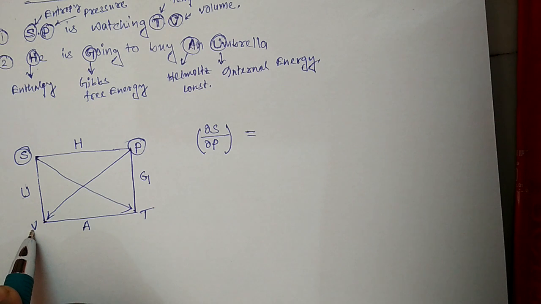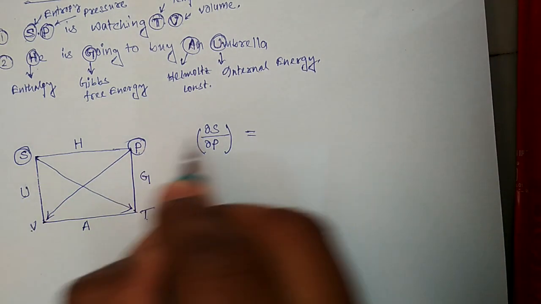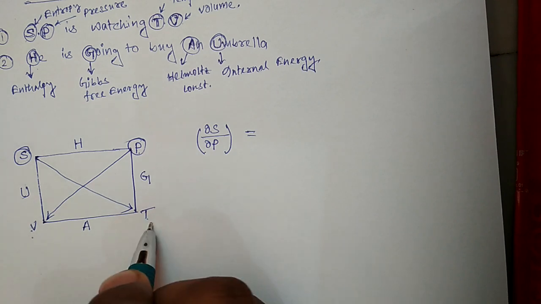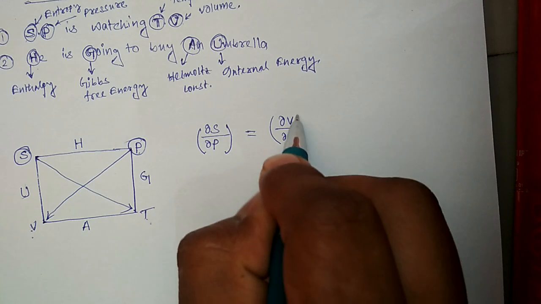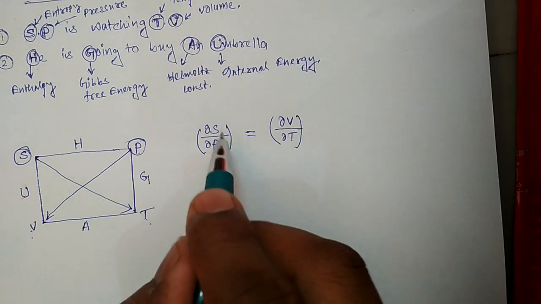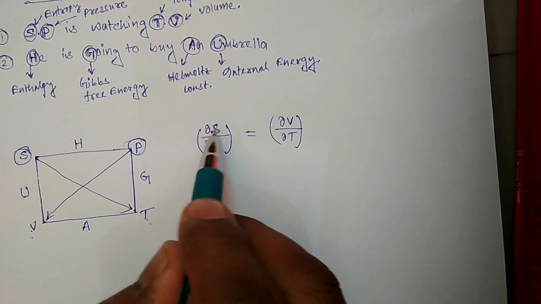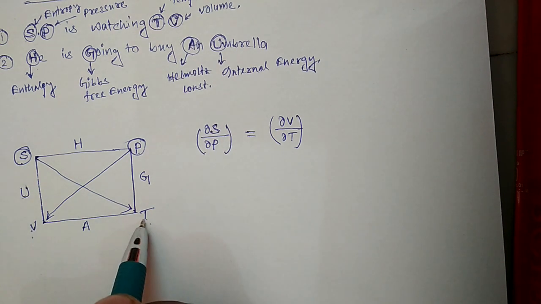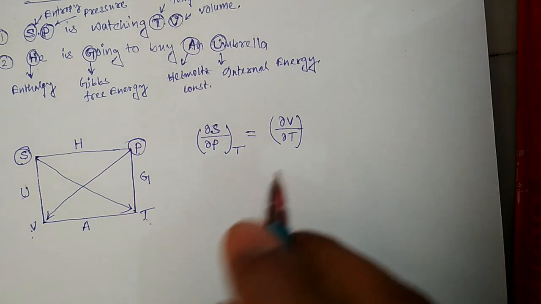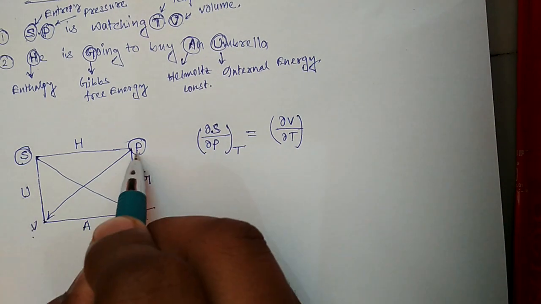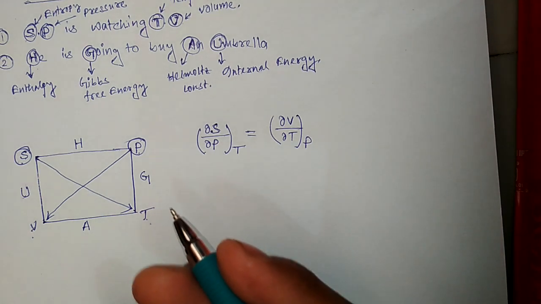Opposite of S is equal to P, and opposite of P is equal to T. Wait, so we can write del S by del P is equal to del V by del T. Now we have to see the opposite corner of S. Opposite corner of S is equal to T, that is constant temperature. And what is the opposite corner of V? Opposite corner of V is equal to P, that is constant pressure.